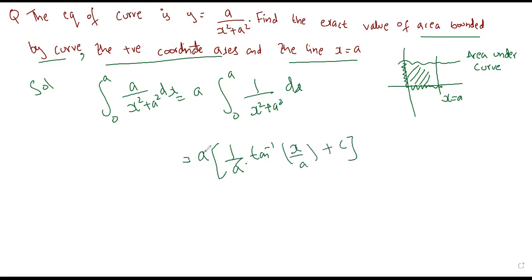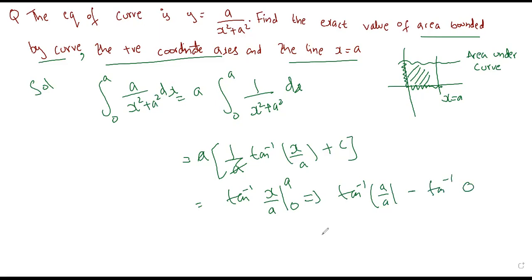I need to cancel this out and I will have tan inverse x by a from 0 to a. This would be tan inverse a by a minus tan inverse 0. So this would be pi by 4. Why? Because tan inverse 1 is pi by 4. Do you get it?